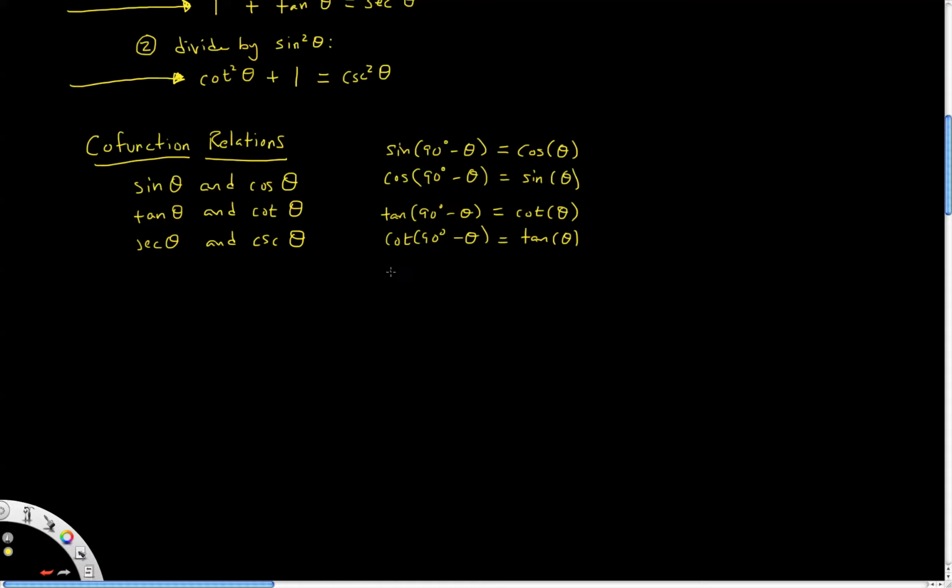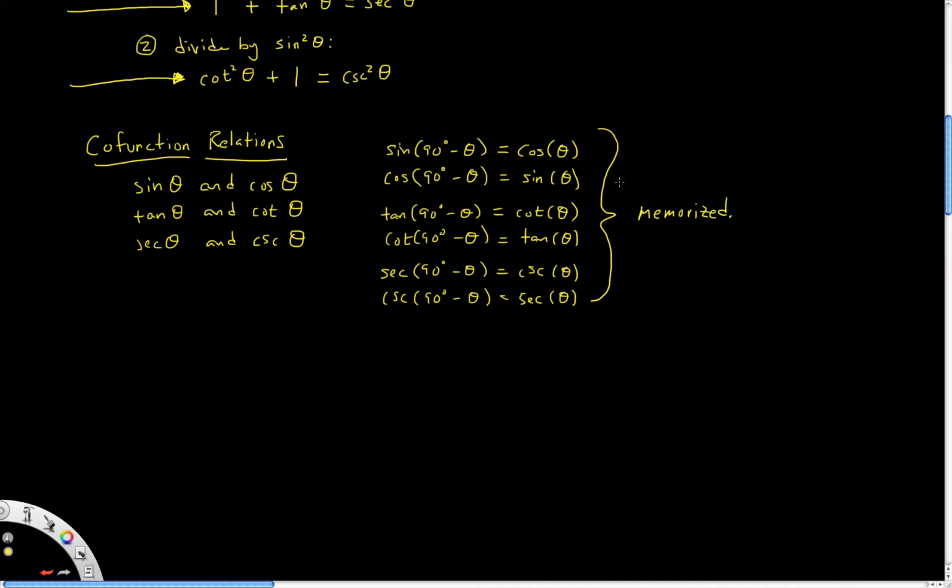And then our last pair, we'll say secant of 90 minus theta will equal cosecant of theta, and the cosecant of 90 minus theta is equal to the secant of theta. All right, so there are all 6 cofunction relationships. And again, these should also be memorized.